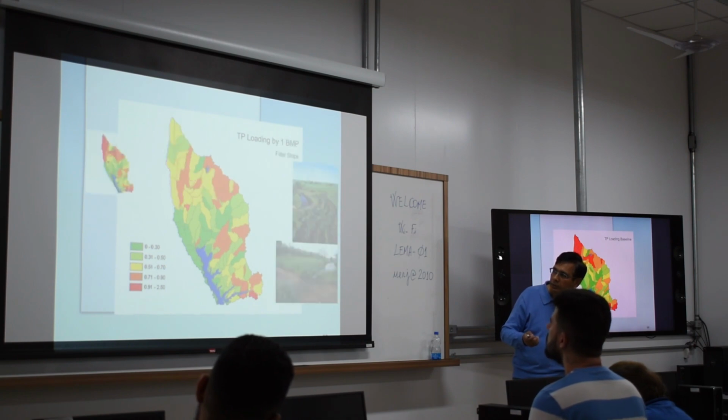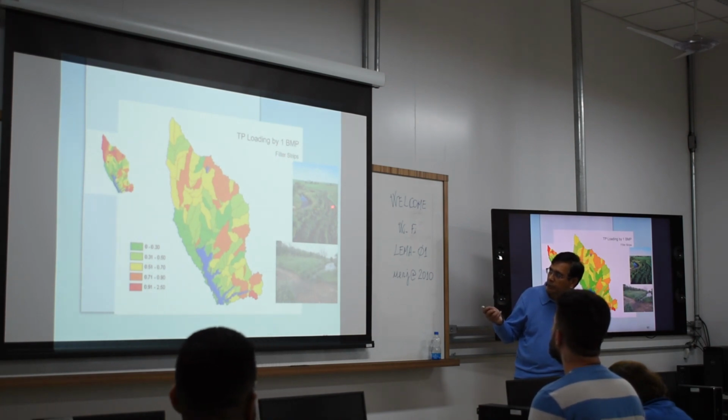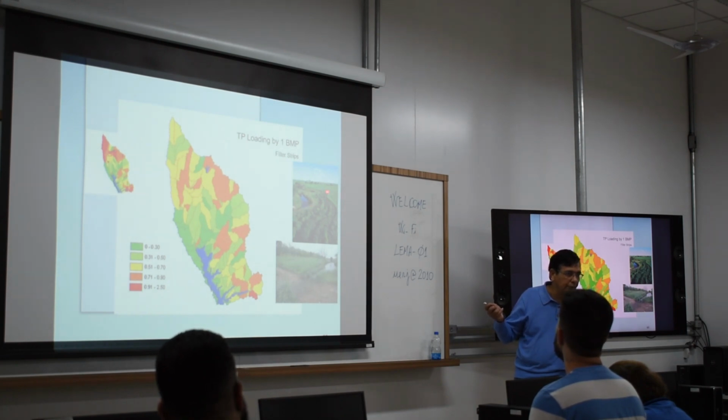So taking the baseline, first we adopted the filter strips. Filter strips on the cropland is the area that's grown with grass to protect against direct runoff from the cropland to the grass before it goes to the river. Okay, so we adopted that. It converted some of them actually.